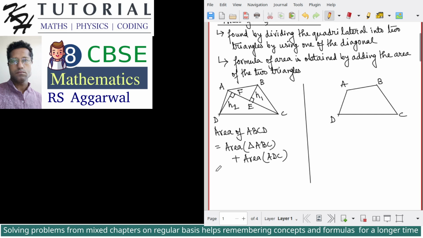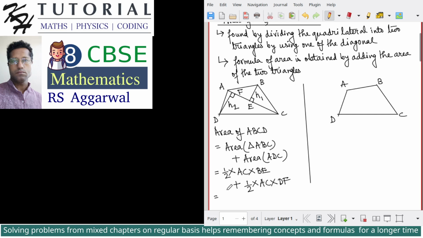Now what will be the area of triangle ABC? It will be half, the base is AC and the height is BE. And what will be the area of triangle ADC? It will be half, its base is also AC and its height is DF.